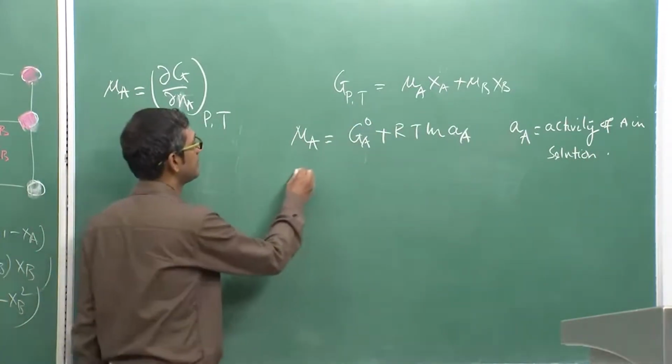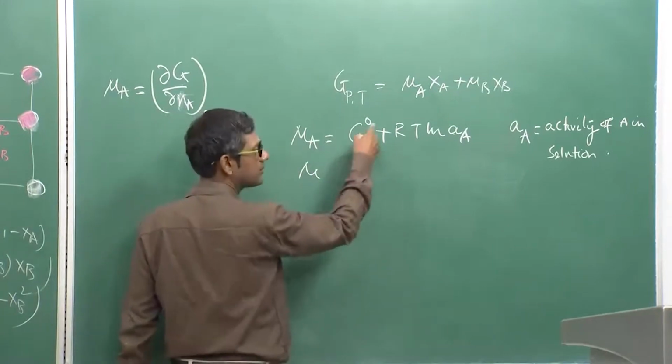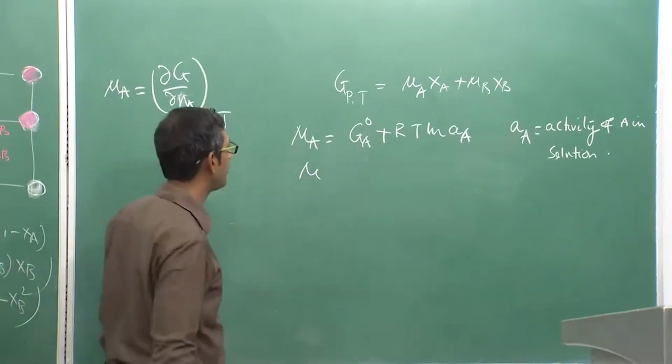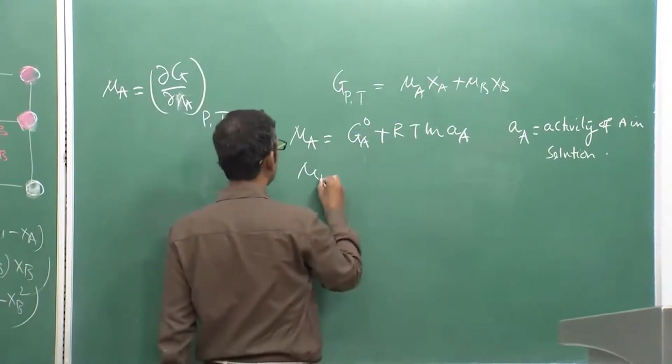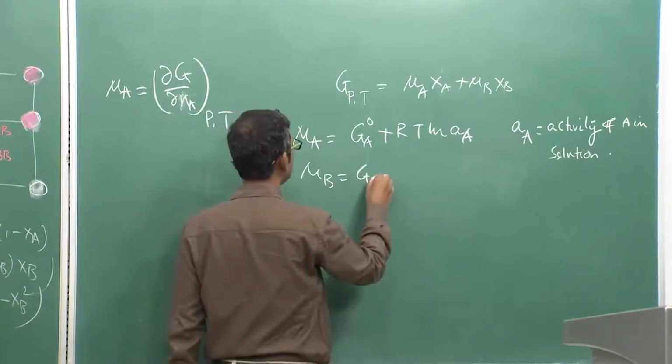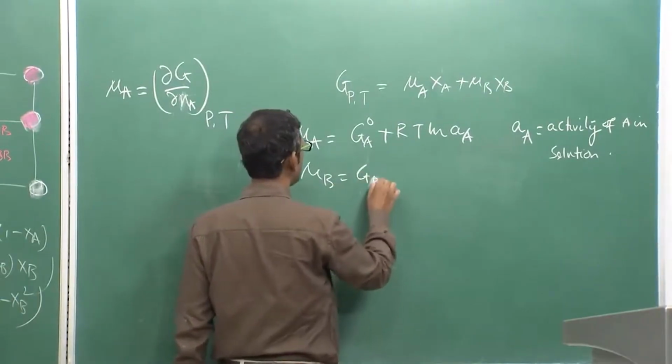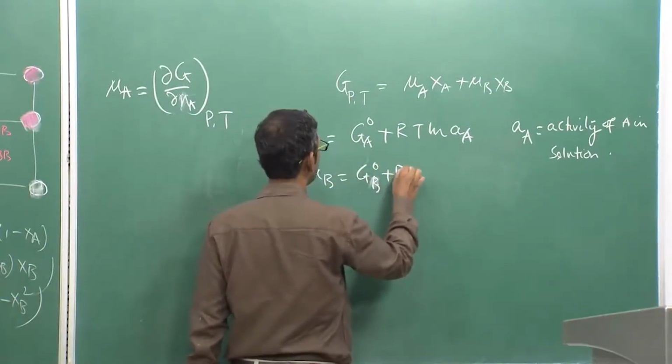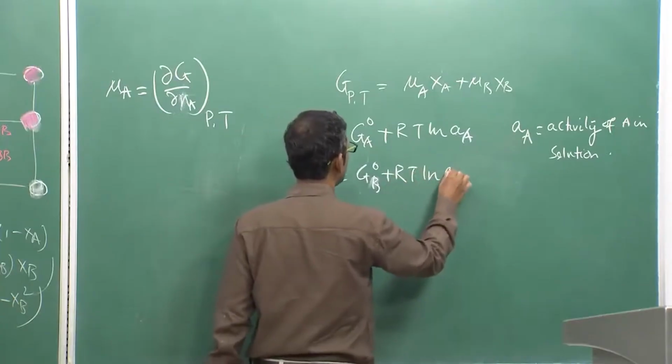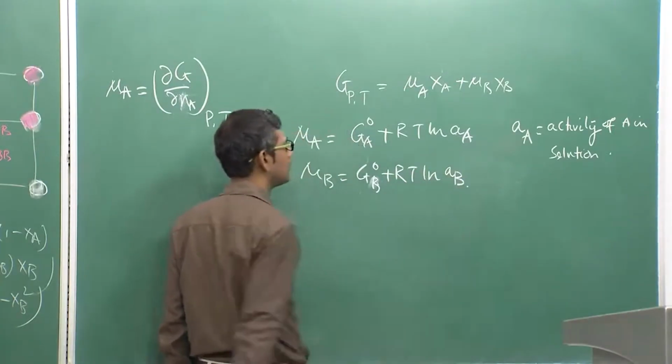Similarly, GA0 is the free energy of pure component, T is the temperature. Similarly, mu B can be written like this.